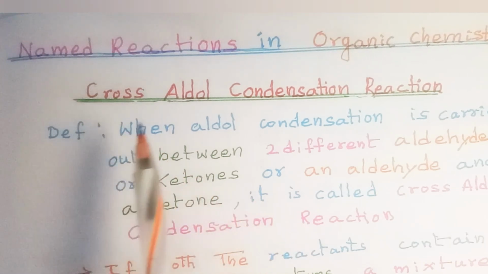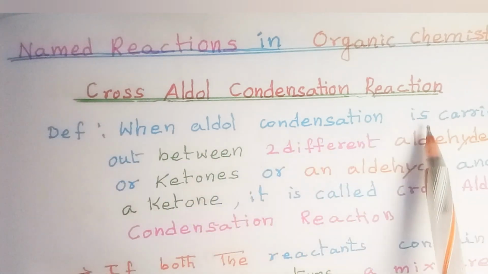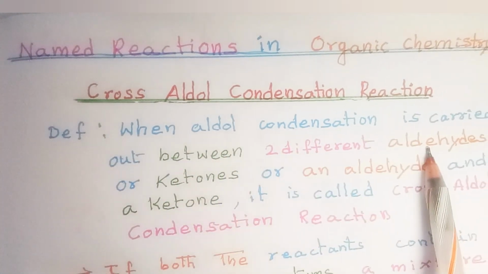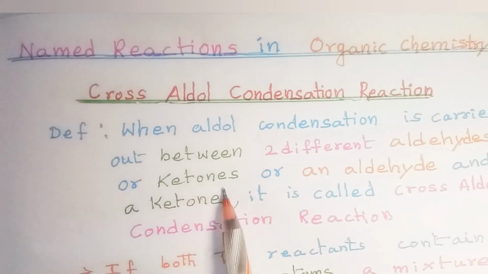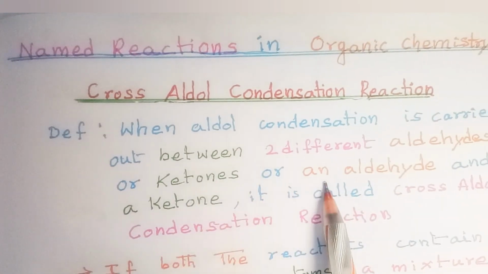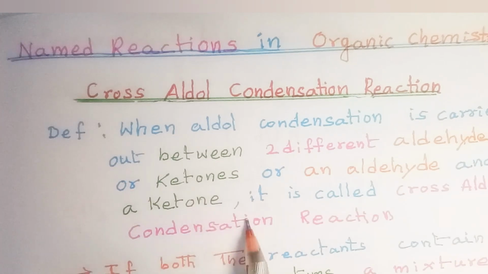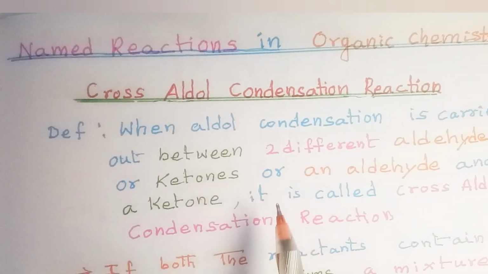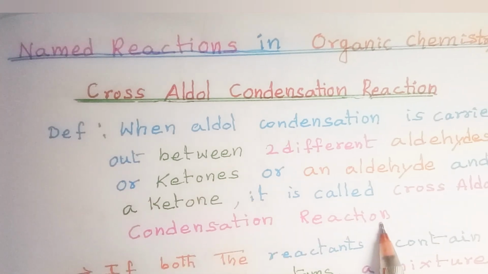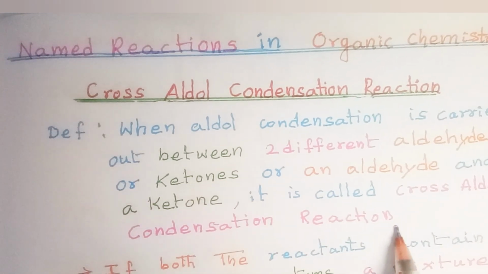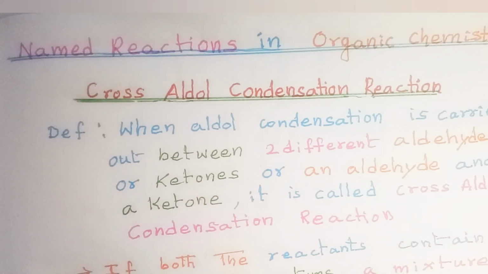Here, in cross-aldol condensation reactions, two different aldehydes or two different ketones or an aldehyde and a ketone will combine together to form cross-aldol condensation products in presence of dilute alkalis like sodium hydroxide or potassium hydroxide and heat.